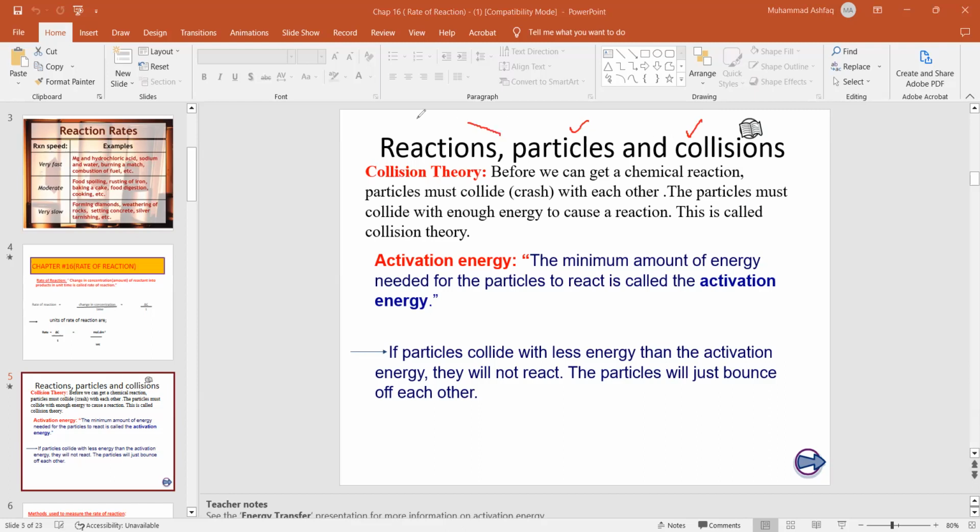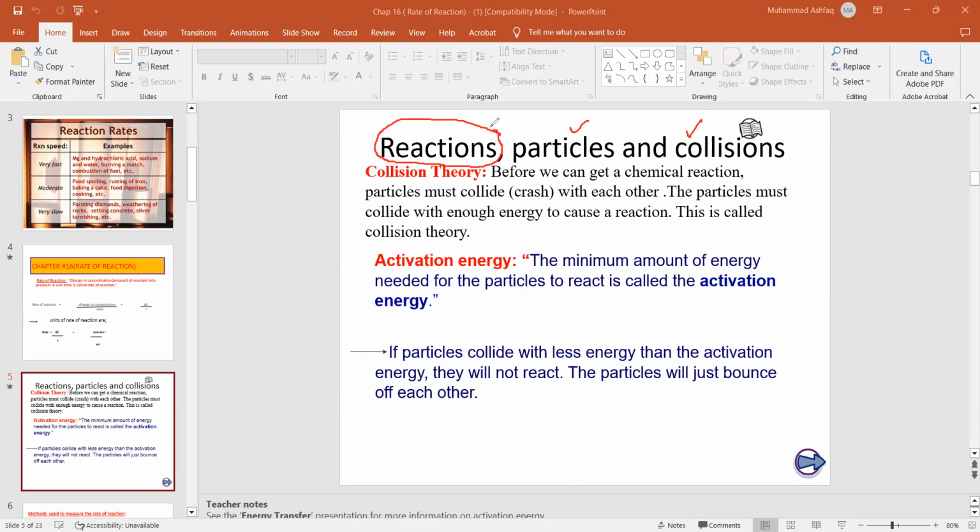How do reactions go on? In a reaction, the reactants, in which the particles, the molecules or the atoms, collide with themselves and with the wall of the container. In this way they collide.